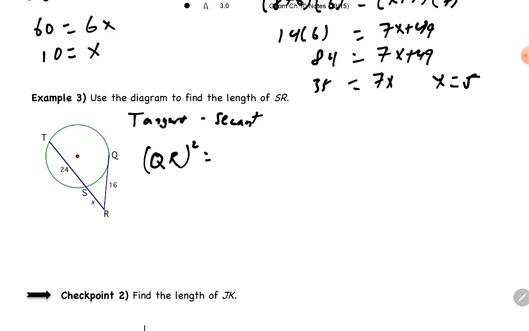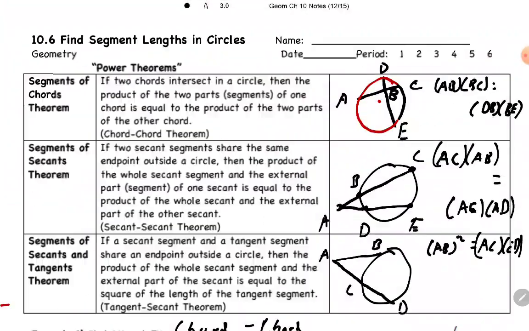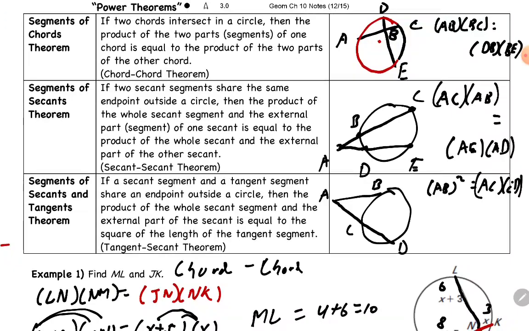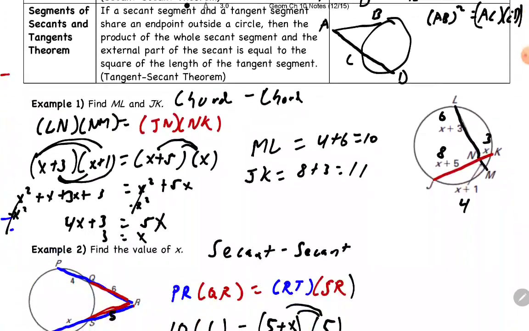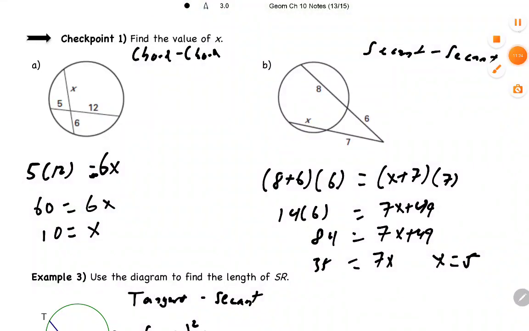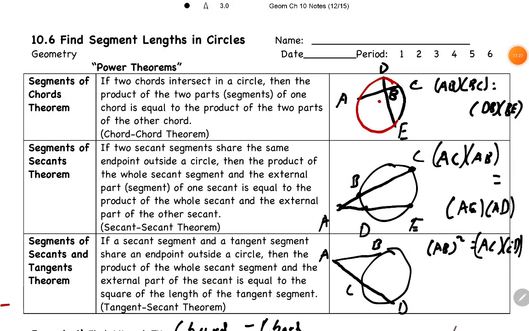I believe it was, let's go check back our formulas here. AC times CD. So I just remembered, because it kind of confused me, the secant one, so just to make a quick change. This is equal to the big piece again, AD times the outer piece, AC.